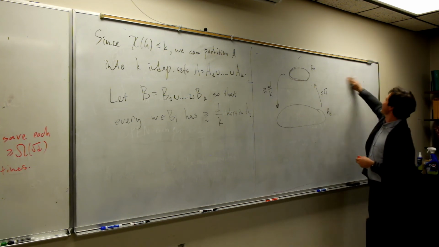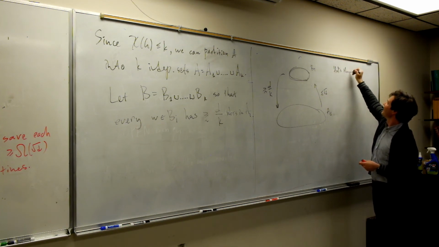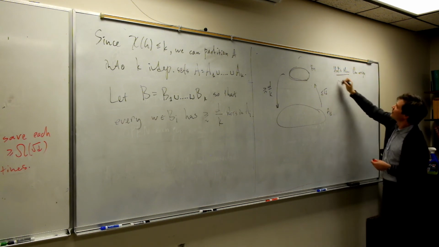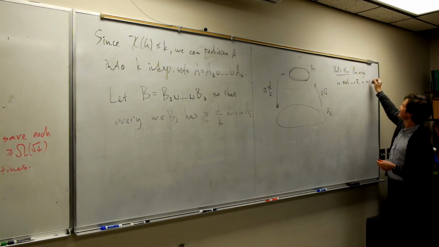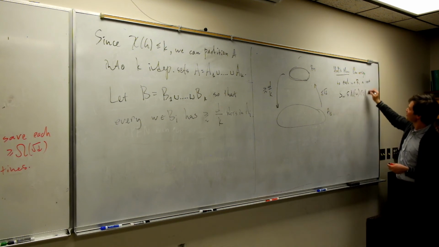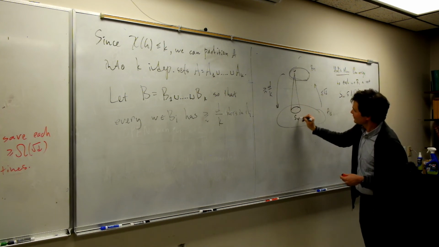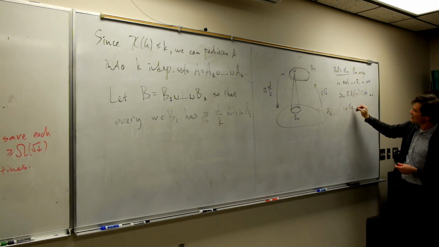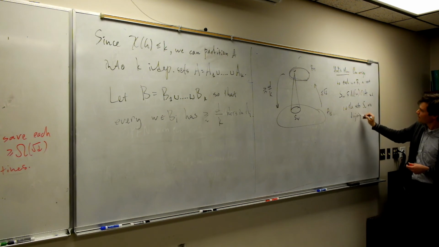Now it's a simple application of Hall's theorem. We can find for each vertex W in B1 a set, let's call it SW, which is a subset of the neighborhood of W intersected with A. For each W we have this set of neighbors such that these sets are disjoint and they're large.